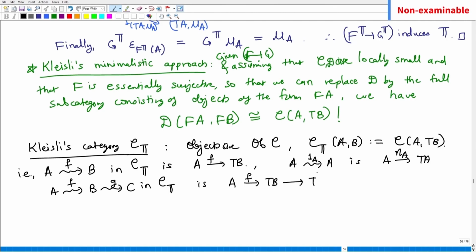G is from B to TC, so this is TTC, and this is TG, not G, it's TG. And then finally from TTC to TC we can come back, because we always have to come back to just one application of T, and that's by mu C. So Kleisli was using all the data that was given in the definition itself.